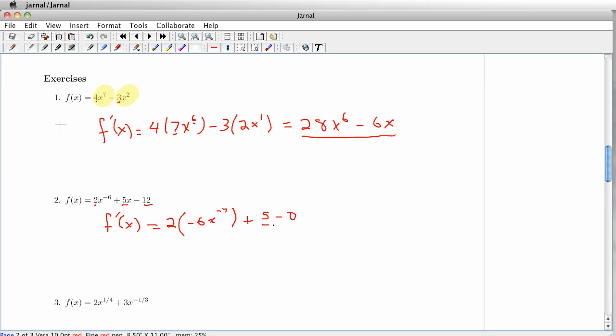This piece really does make sense if you think about it, because this part of the expression, 5x minus 12, if I drew a graph just of that part, y equals 5x minus 12, and asked for a formula for the slope, the slope of this is just 5 all the time, because this is a straight line with slope 5. So it makes sense that the derivative of 5x minus 12 ought to just be 5.